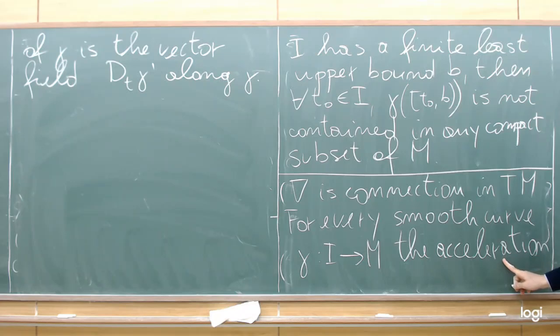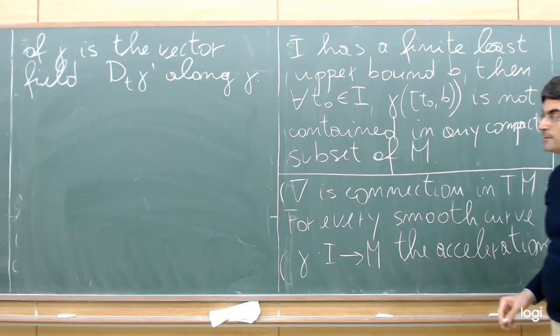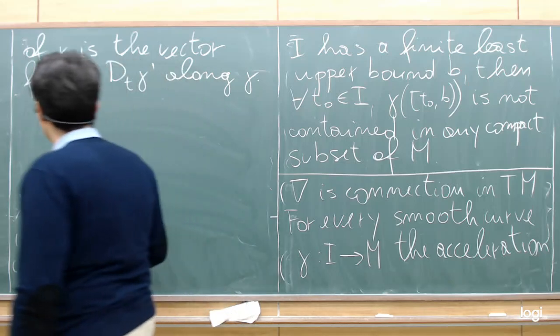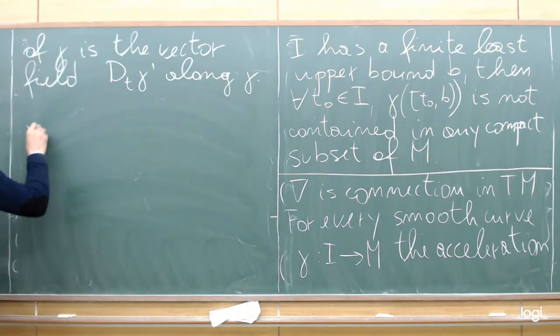We don't define the acceleration of a curve to be gamma second. Why?